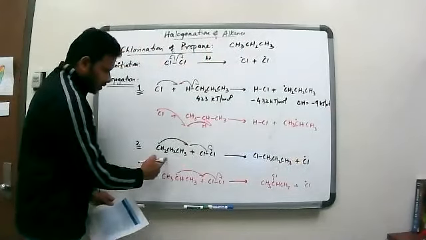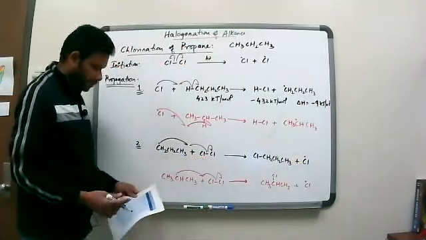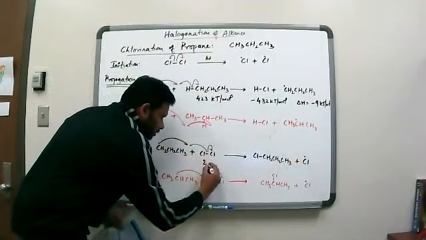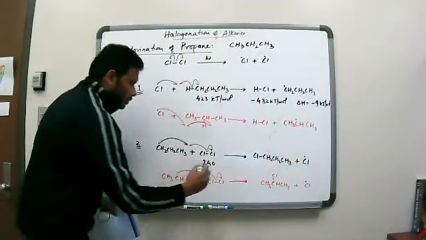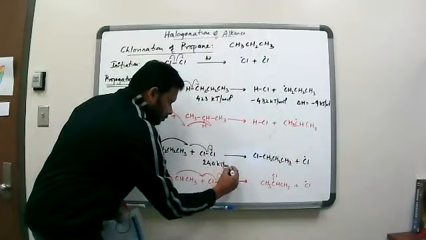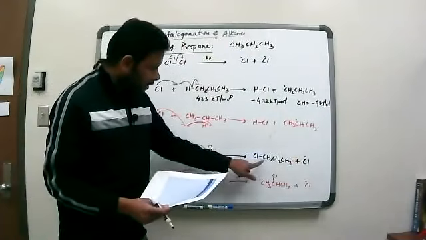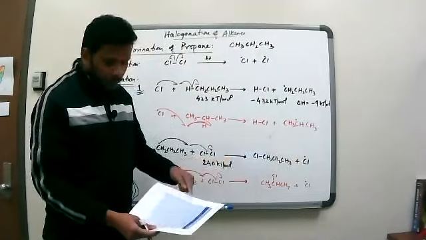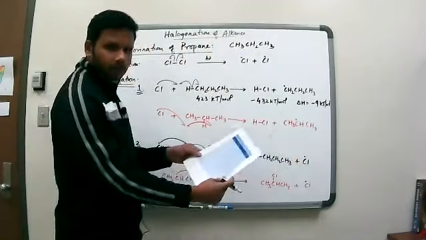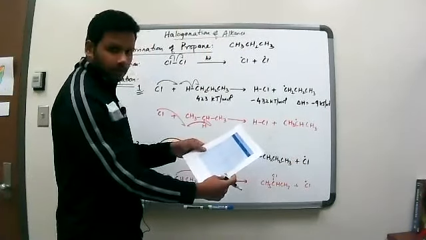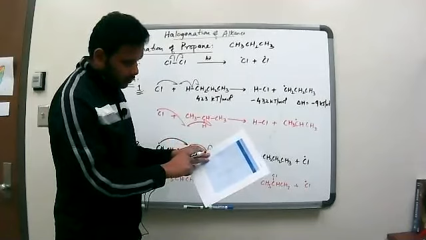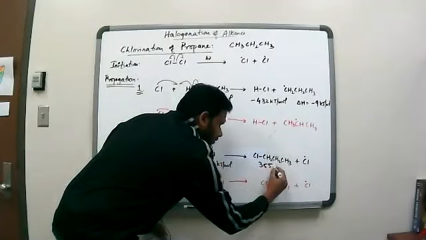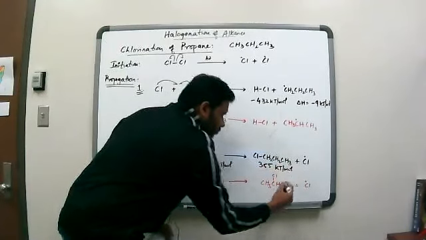And then we can calculate the enthalpy change for the second propagation step. You're breaking a chlorine-chlorine bond. This is 240 kilojoules per mole. And then we made a bond between a primary carbon and a chlorine. Again, in the table, first column, bottom portion, there is an entry for a primary carbon-chlorine bond, and that number is 355 kilojoules per mole.